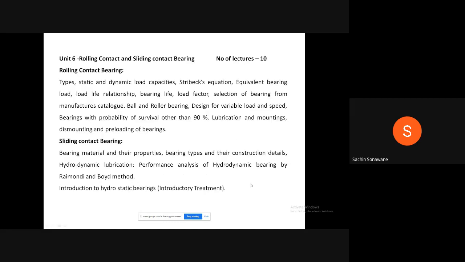Now, unit 6 is rolling contact and sliding contact bearing. Number of lectures required is 10.